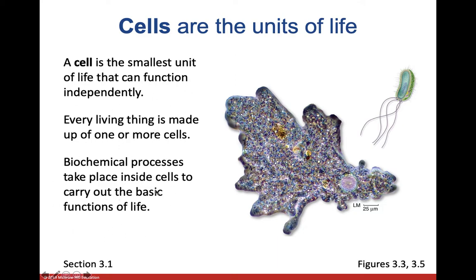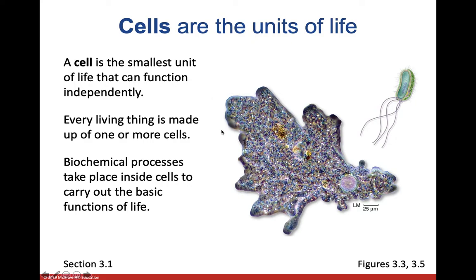Now, biochemical processes inside cells happen all the time. They're having biochemical reactions that make energy, that reproduce DNA and things like that. And all of those things that are happening inside of this cell is what allows life to be life. Cells are capable of doing all of those different types of reactions that life requires, and that's what makes a cell a living organism.